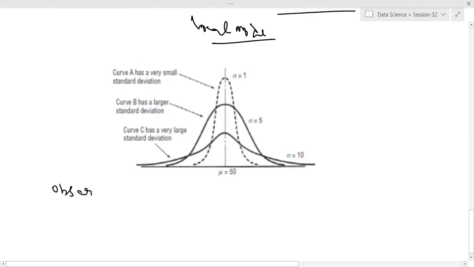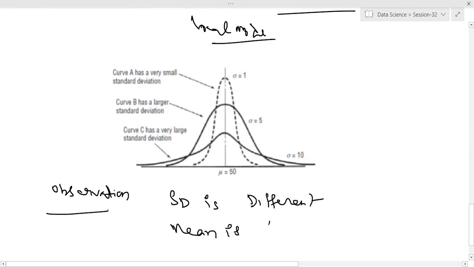He is giving the data between those standard deviations. The standard deviation is different. Yeah, the mean is the same, right? The mean is the same.